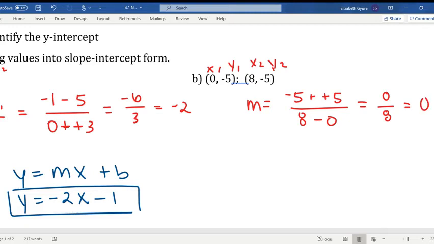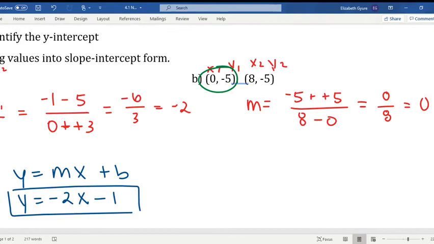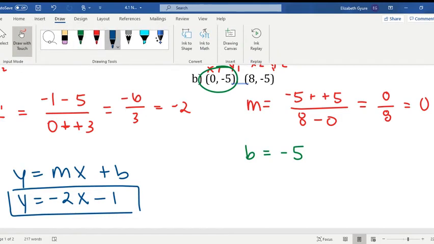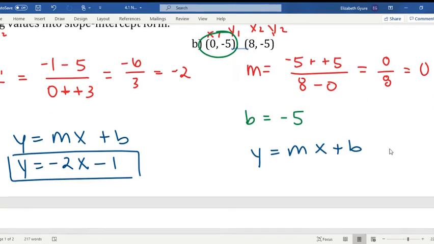Now, which point here is going to be your y-intercept? The 0, -5 or the 8, -5? Yep. The 0, -5. So B is going to be -5. Now, when you do your y equals mx plus b, some of you might already notice, isn't m 0? Yeah, so we don't really have a slope, but I still want to show you guys what this would look like.